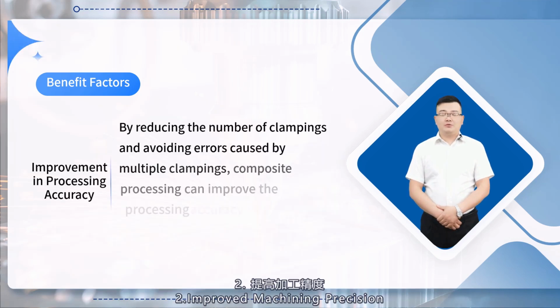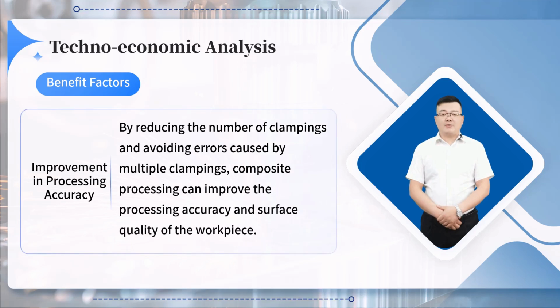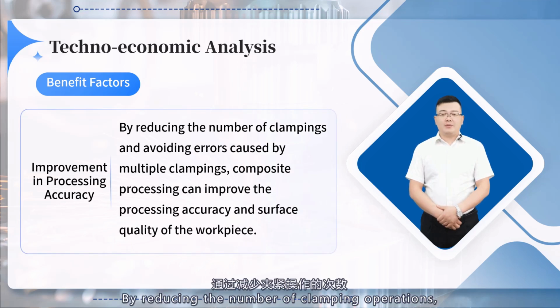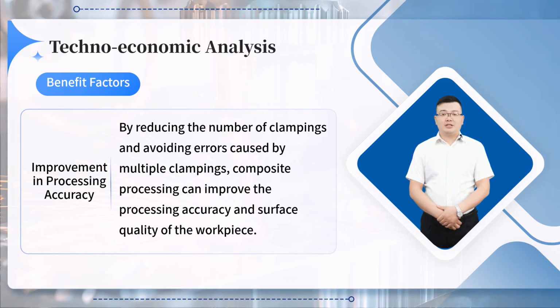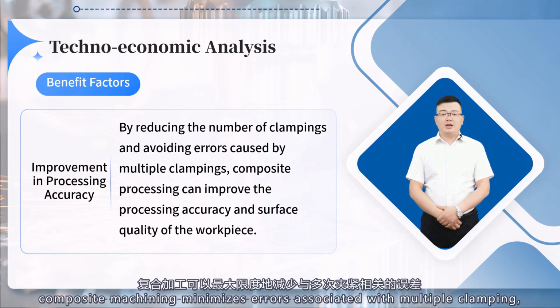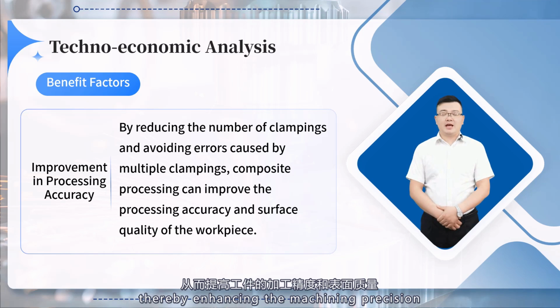2. Improved machining precision. By reducing the number of clamping operations, composite machining minimizes errors associated with multiple clamping, thereby enhancing the machining precision and surface quality of workpieces.